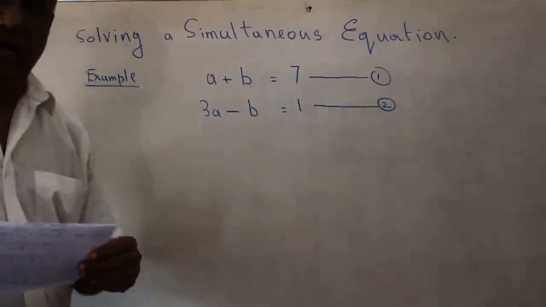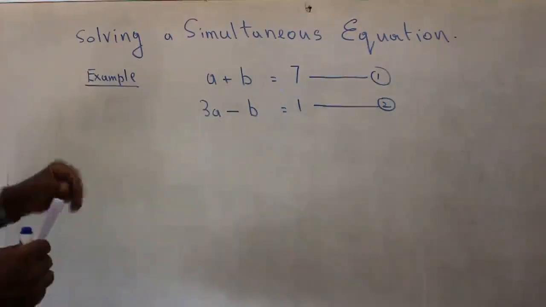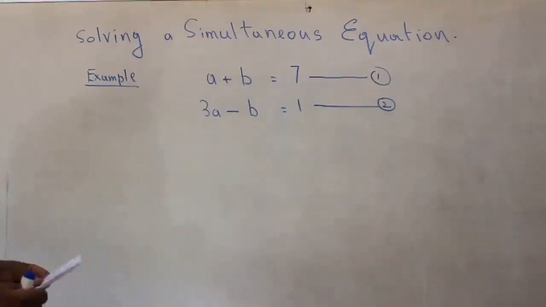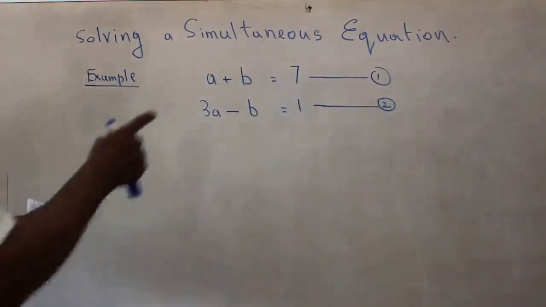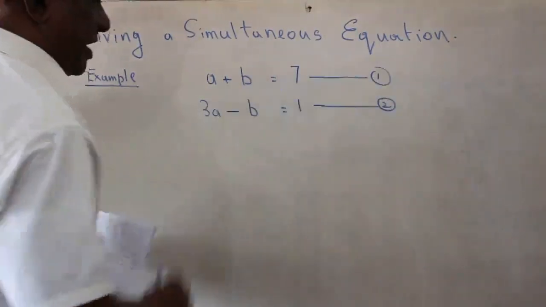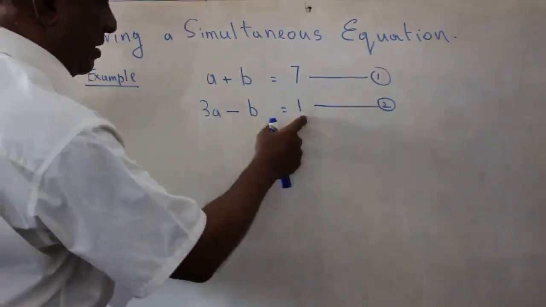Alright, now we are ready to give you an example of solving a simultaneous equation. Example: a plus b is equal to 7, equation 1, and 3a minus b equals 1, equation 2.